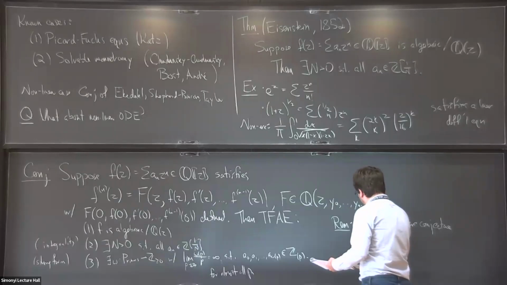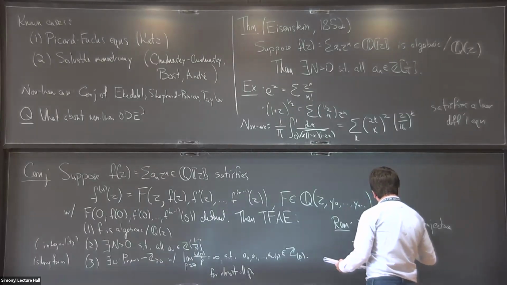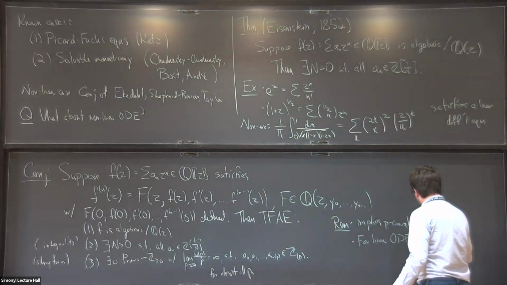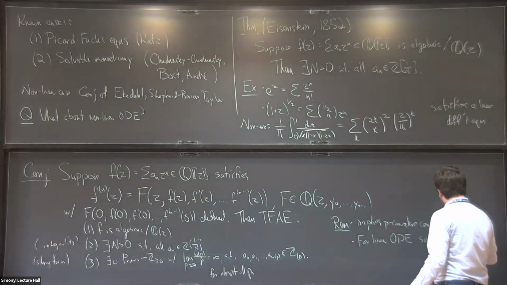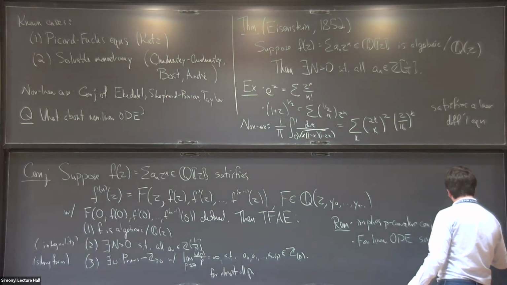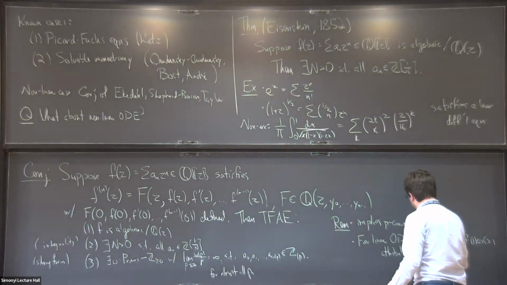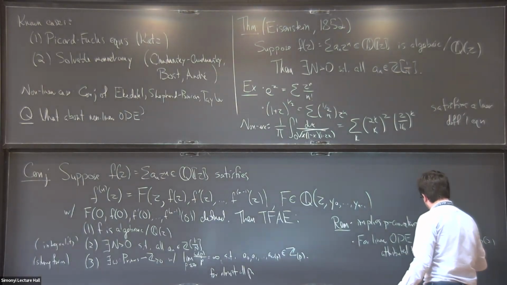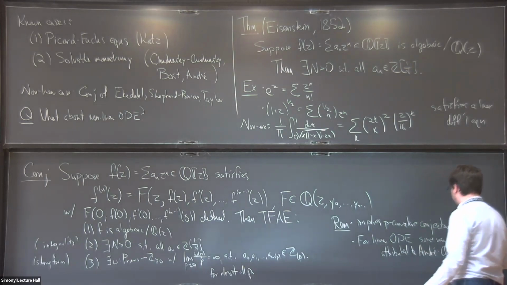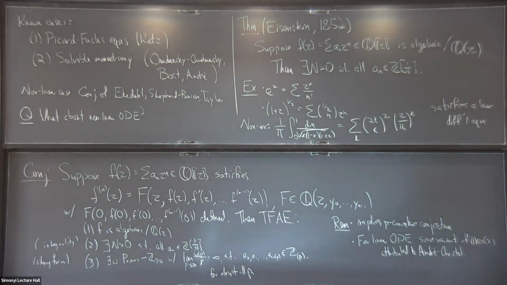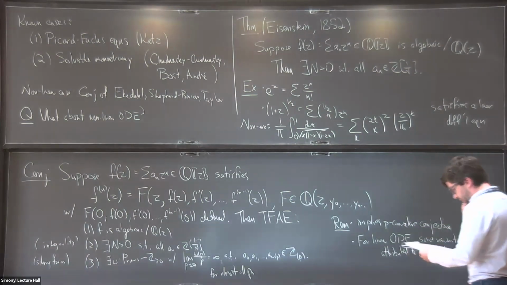So for linear ODE, I've seen some variant of the equivalence between 1 and 2 attributed to Andre and Kristol. I'm a little hesitant to make that attribution myself because I don't think they've written anything explicitly making this conjecture, but they're clearly thinking along related lines.